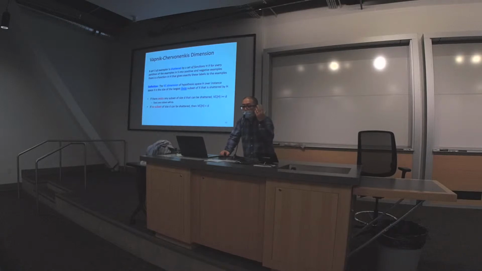As long as you have one subset of size D that can be shattered, you can claim that your VC dimension is at least D. Only when no subset of size D can be shattered can you claim that your VC dimension cannot be D, it must be less than D. That is why it's defined as the size of the largest finite subset of X that can be shattered by H. This is the VC dimension.